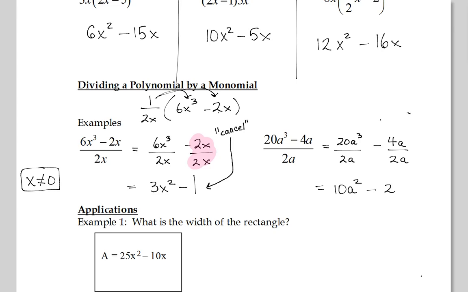Any questions about the second one? Any questions? It's pretty much the same stuff. Is a allowed to be 0? No, it cannot. You can't divide by 0. This is going to work as long as a is not 0.